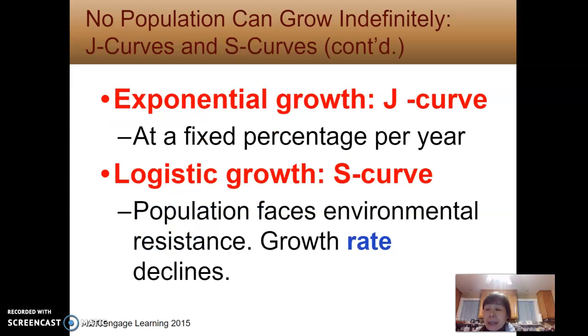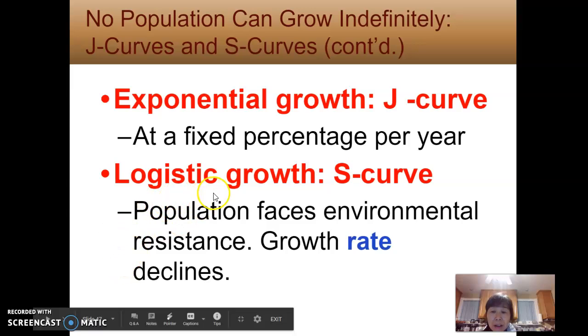And then if you look at the population growing and then make them into a curve, you would see two kinds. Okay, one is called exponential growth. It's also called J-curve growth. So this one has a fixed percentage per year. If they grow 2%, they keep going. 2%, 2%, keep going.